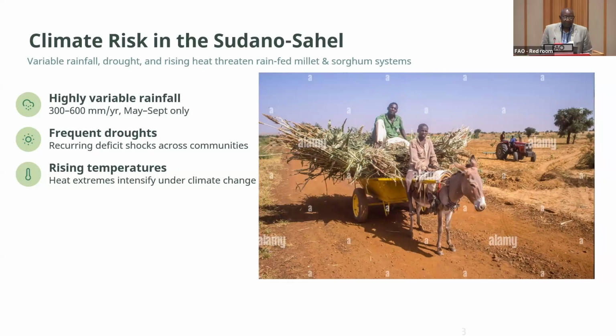climate risk is a very big problem in the northern part of Nigeria, more especially in the belt called the Sudano-Sahel region. It manifests in the form of highly variable rainfall, where rainfall is just between 300 to 600 millimeters per year.